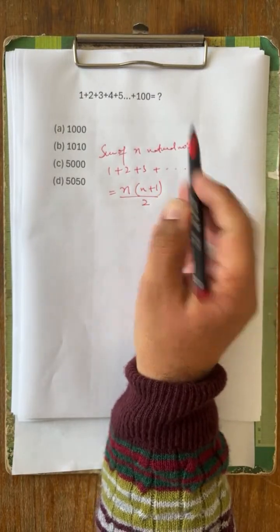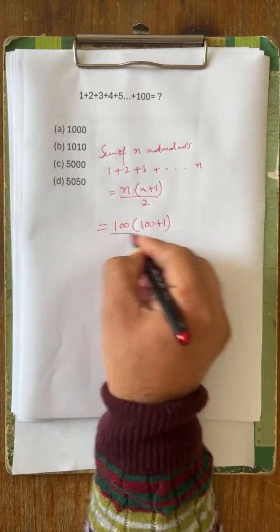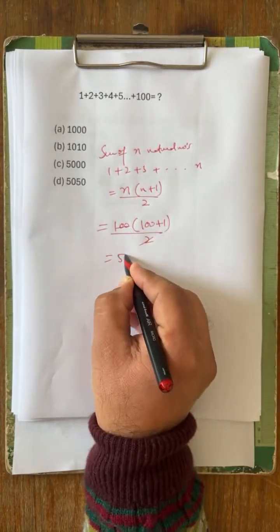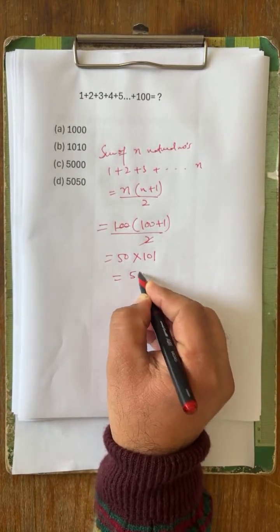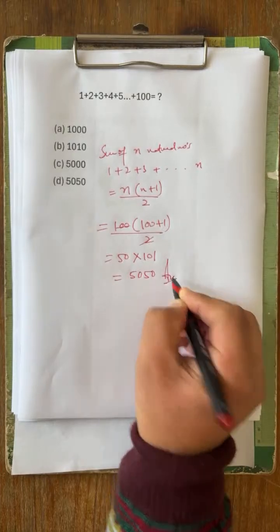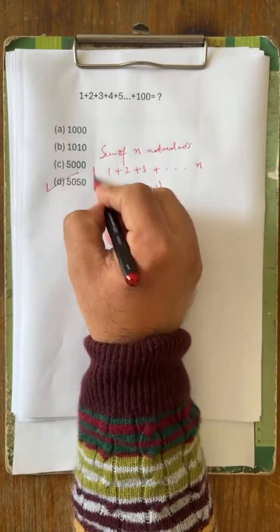So here the n value is 100. So 100 into 100 plus 1 by 2, that is 50 into 101. 5050 will be our answer. So option D is our answer.